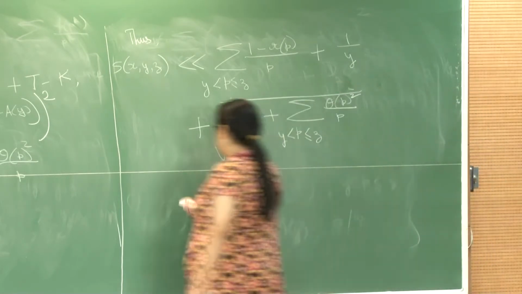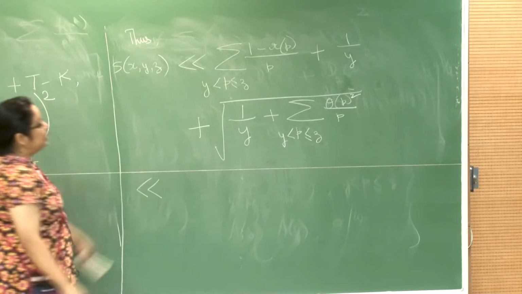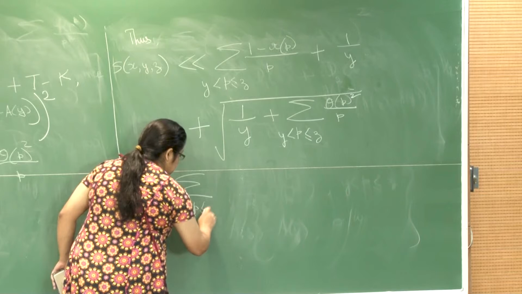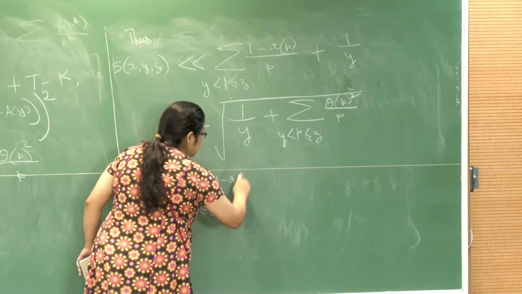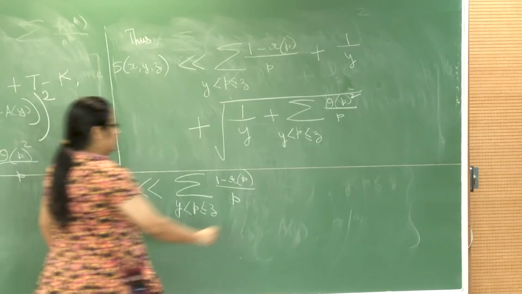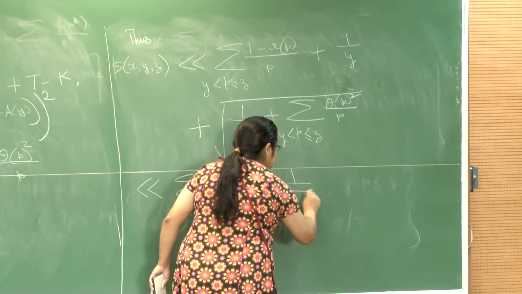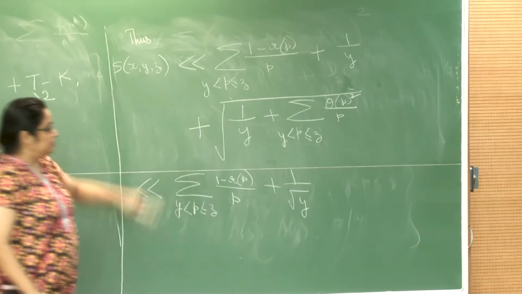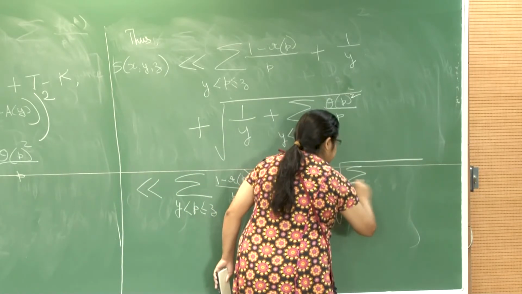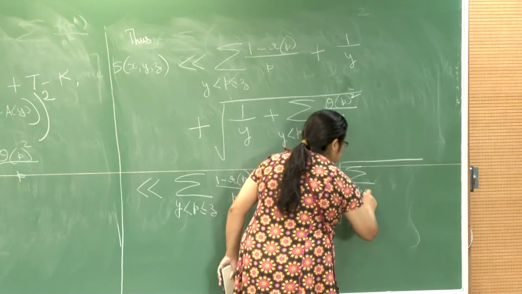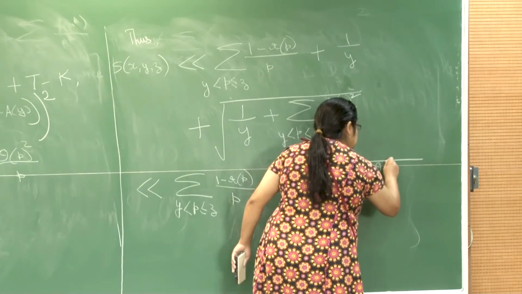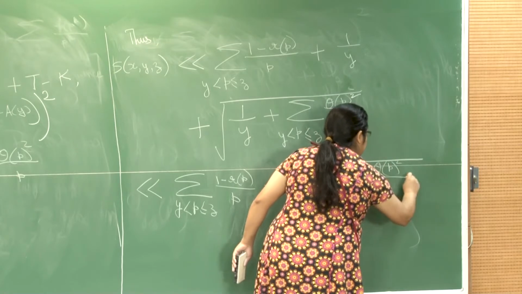So, overall what you end up getting is less than the summation of 1 minus r of p over p, plus 1 over root y plus the square root of the sum as you run over primes between y and z of theta of p whole square over p.